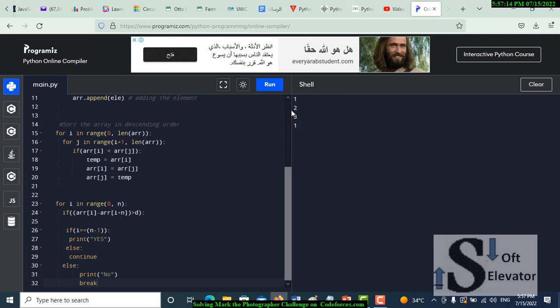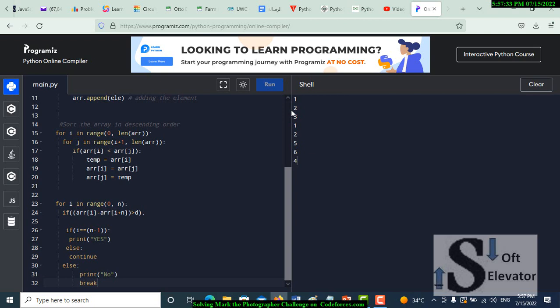First one is 1, then 2, then the third is 5, then the fourth is 6. Enter. It should print yes. Let's enter another value. Yes.